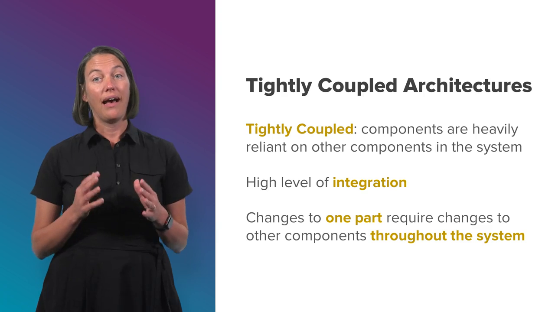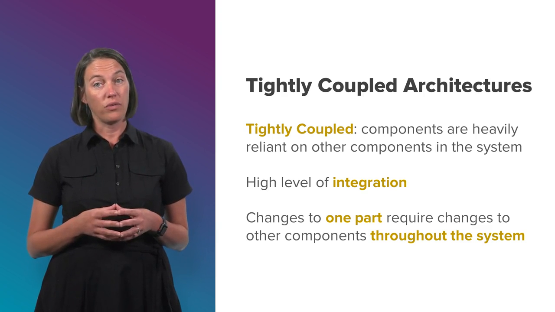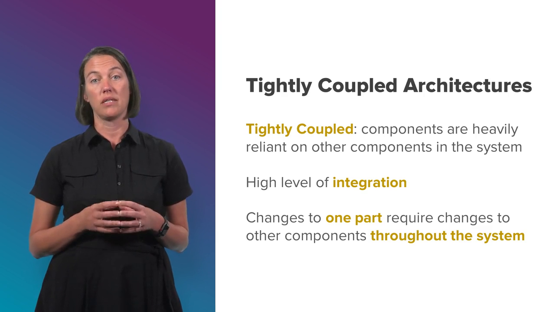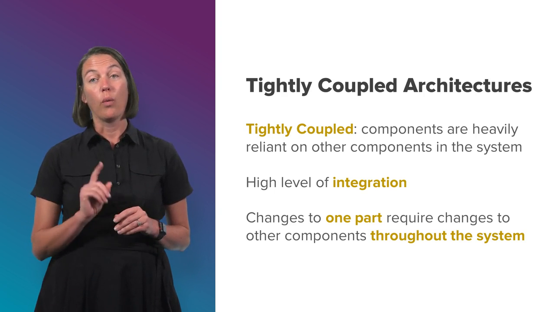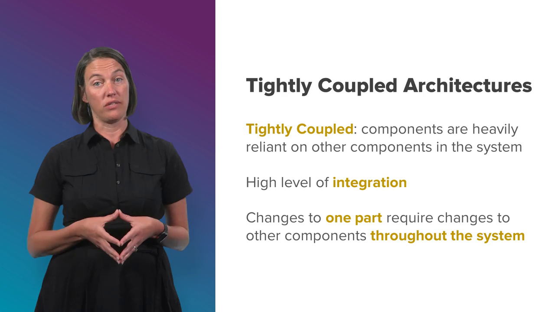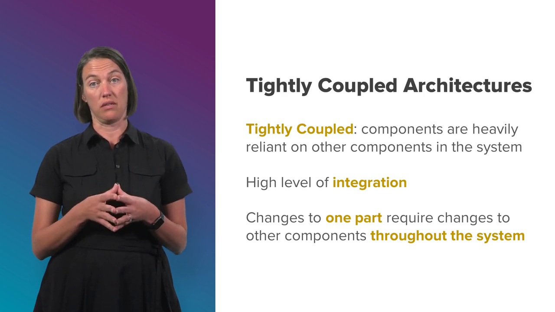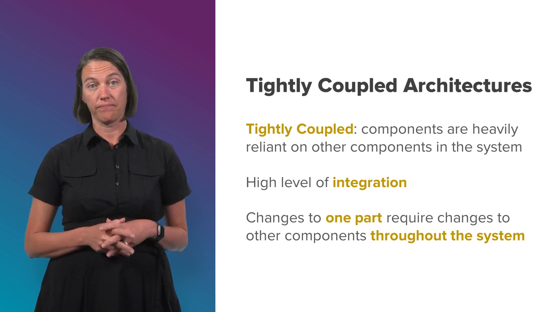They require highly detailed knowledge of other cooperating components, often relying upon some programming to tie them together in order to perform their purpose. This is a situation where one change to one part of the system would require changes to other components throughout the system to work properly due to a high level of integration.